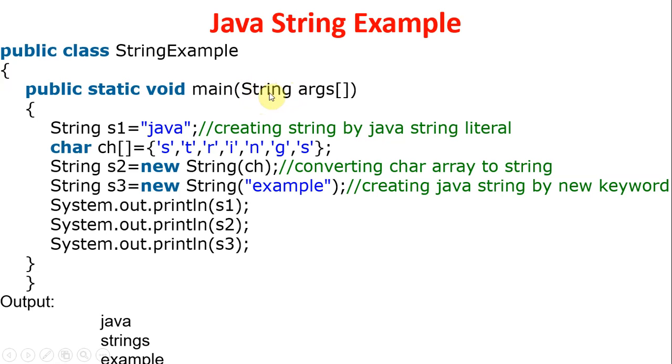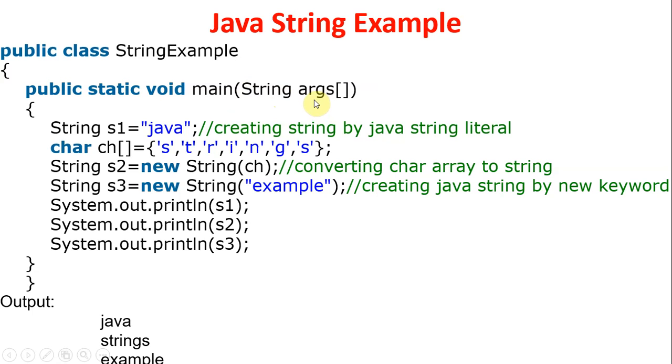What this part is trying to say to the system is, everything you give to a Java program, whether integer, float, double, char, whatever data, the JVM treats this data as a string. That's why we are specifying String here. Any data given to a Java program is treated as a string.